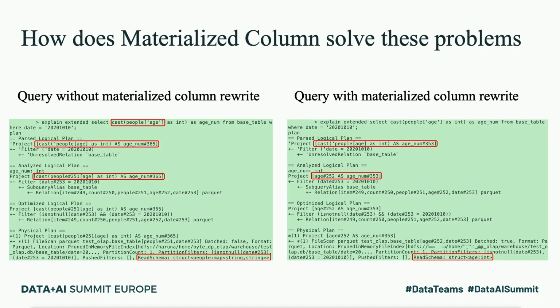Without the materialized column rewrite, we found that Spark SQL needs to read out the people. The people is in map type. Spark SQL needs to read out the whole map, and then Spark SQL will extract the age from the map.